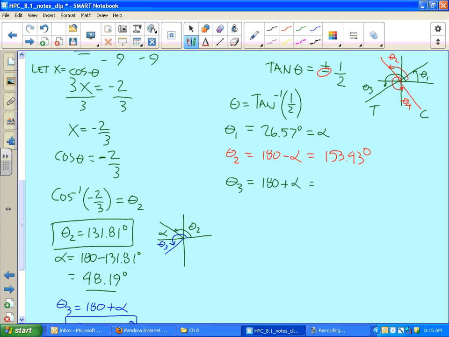So I'm going to have 206.57. And then finally, theta 4, which is a negative tan value, 360 minus alpha. So 360 minus 26.57 gives me 333.43.